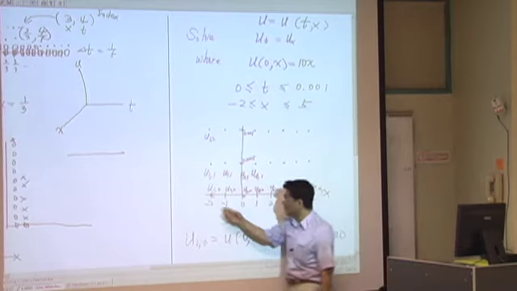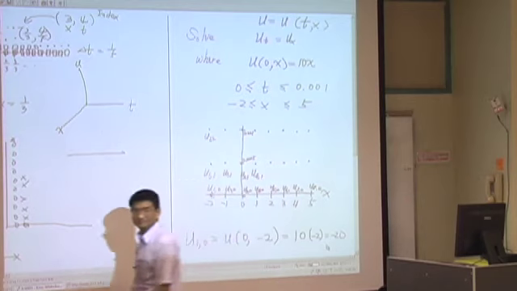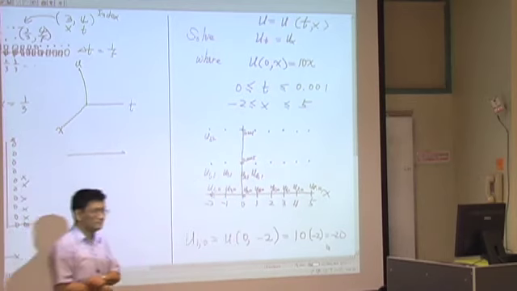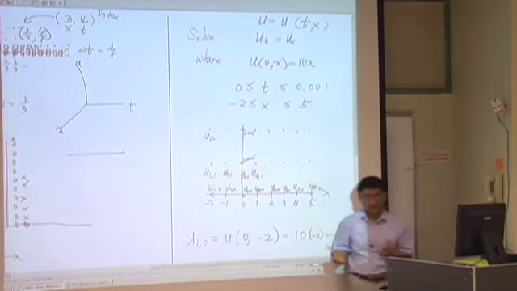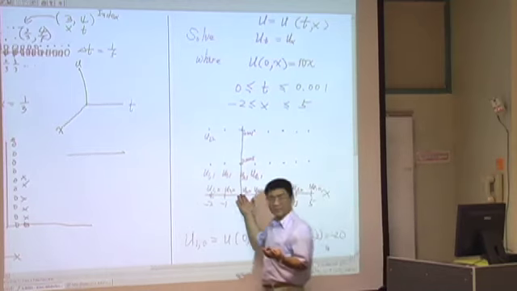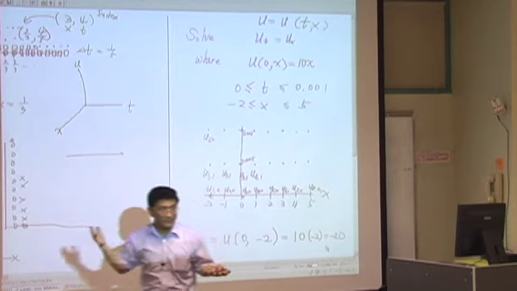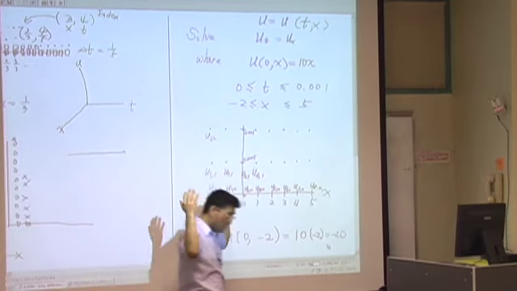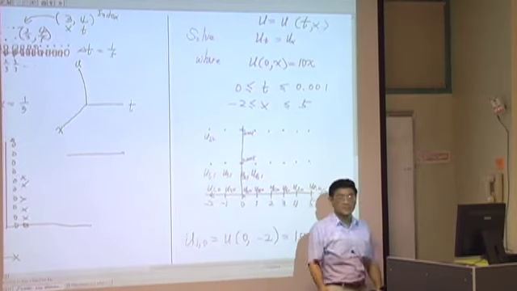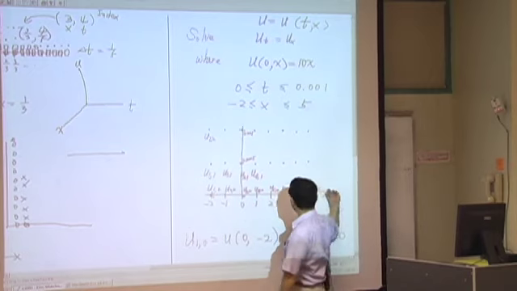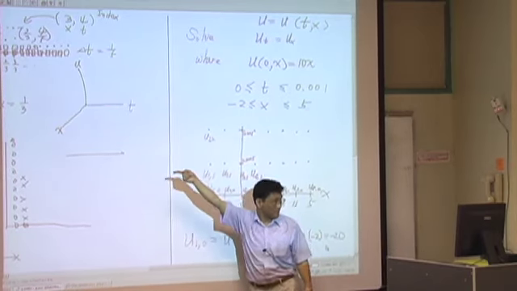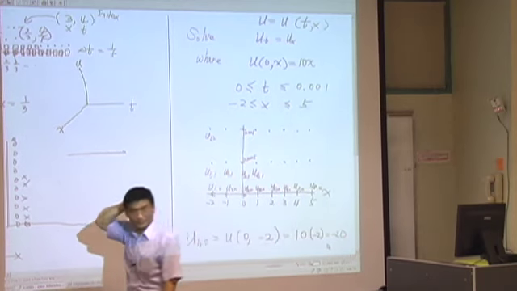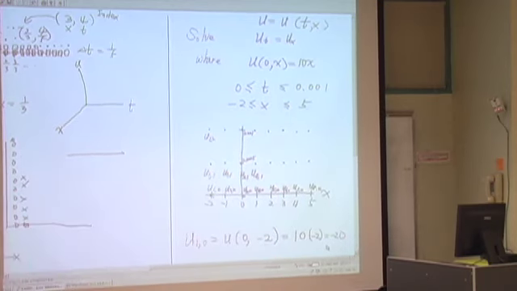At this point, it is -20. Similarly, what is U20? -10. What is U30? 0, right? And so we can determine this. And then using these things, we can go up to U11 by using the same idea. So roughly this is it.